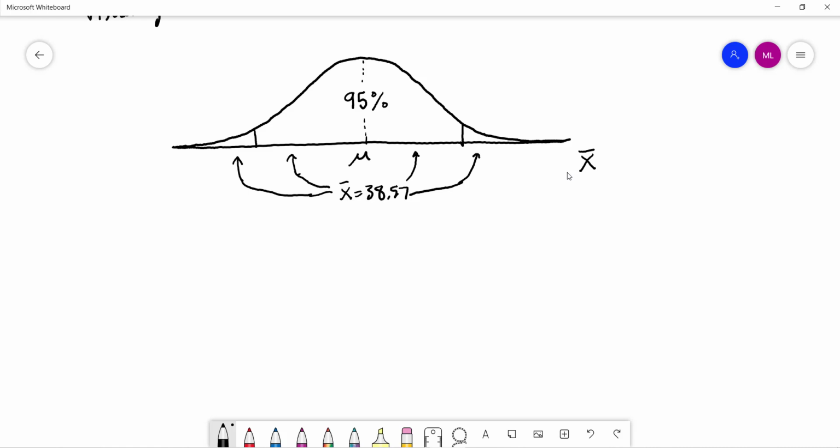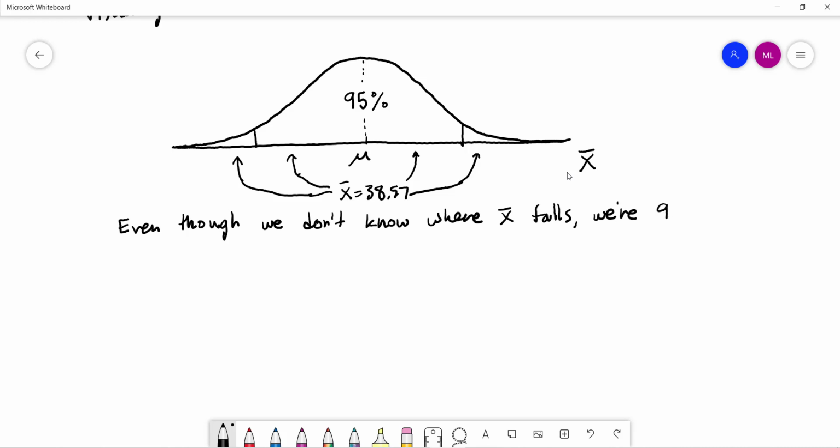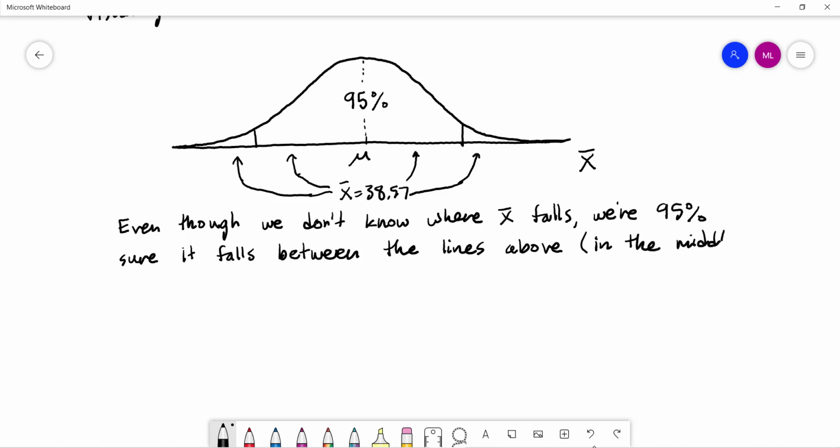So this is what we're saying. Even though we don't know where x bar falls, we're 95% sure it falls between the lines I've drawn above, which is in the middle 95% of the sampling distribution, right?